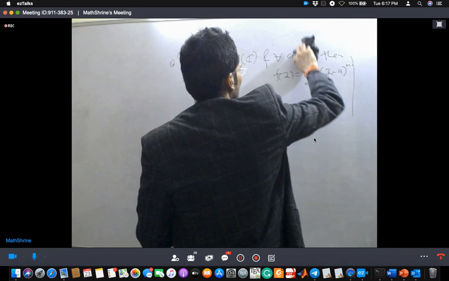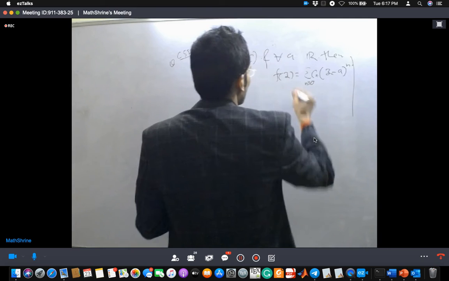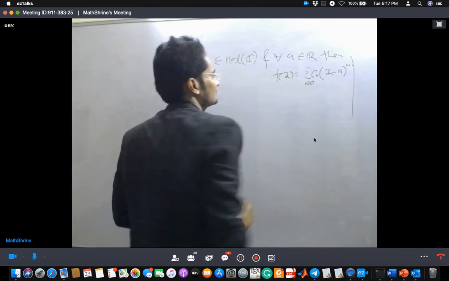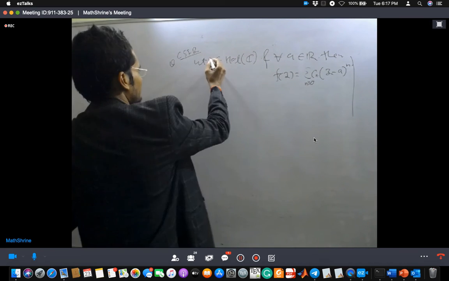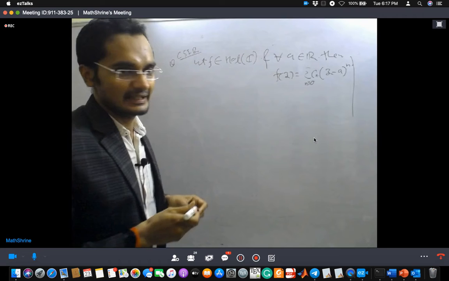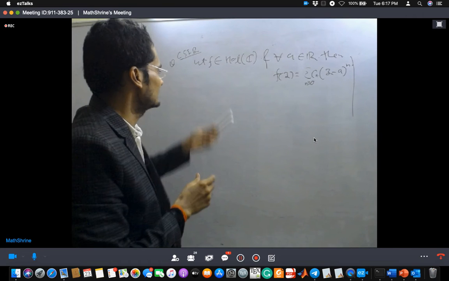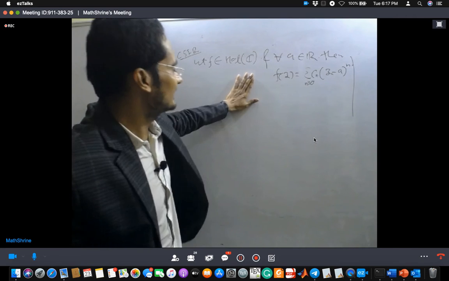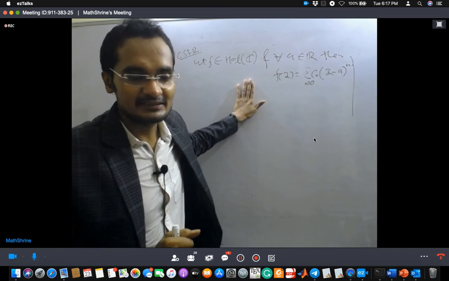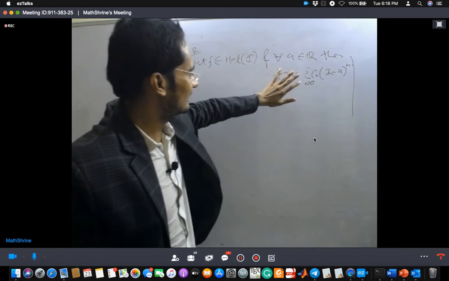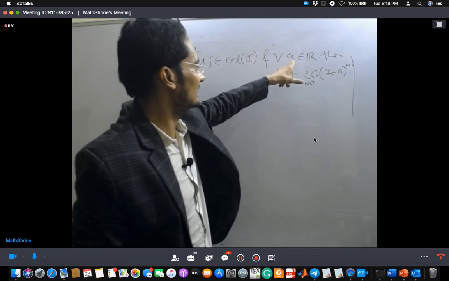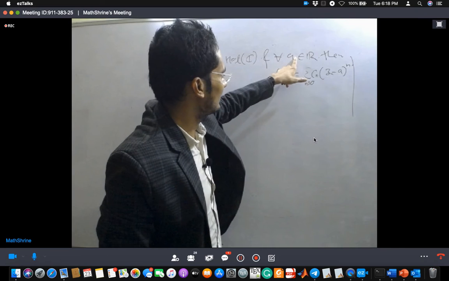So what it is telling is, if f is a holomorphic function, f is an entire function, we can write the power series expansion around any point. But here in the question it is given that for any choice of real number a, we have a power series representation about any real number.